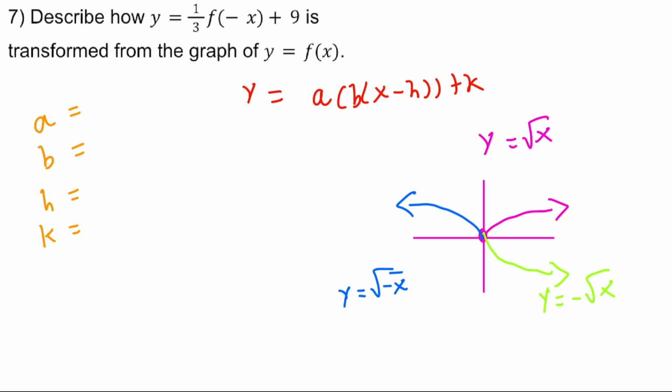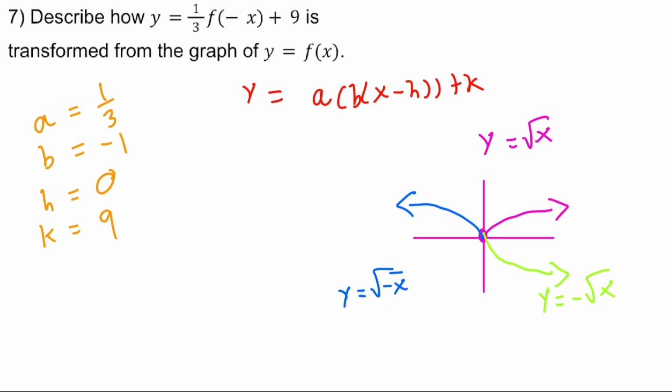Well, our a value out front right here, our vertical dilation, is 1/3. Secondly, we have this -1 right here, multiplying to the inside of the parentheses, the x. So therefore, b is -1. We do not have a horizontal shift, so h is 0. And then k is 9.